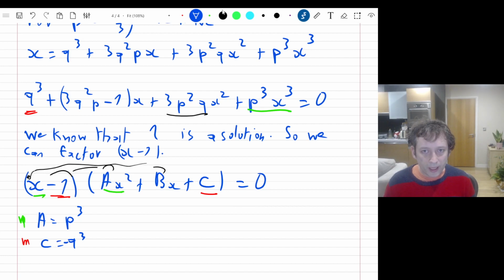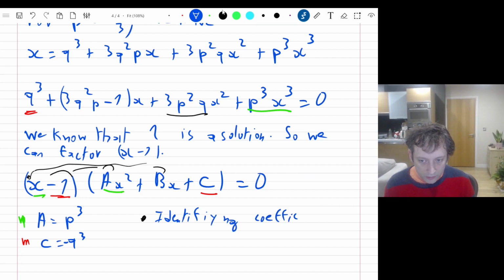So here maybe I'll write it in English because otherwise we'll get a bit confused. So black. Identifying coefficient of x squared. This is what you should be writing everywhere.